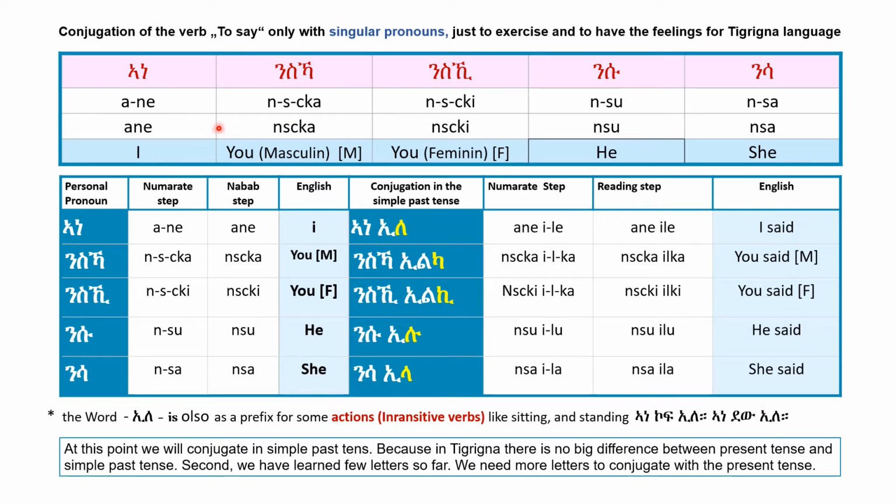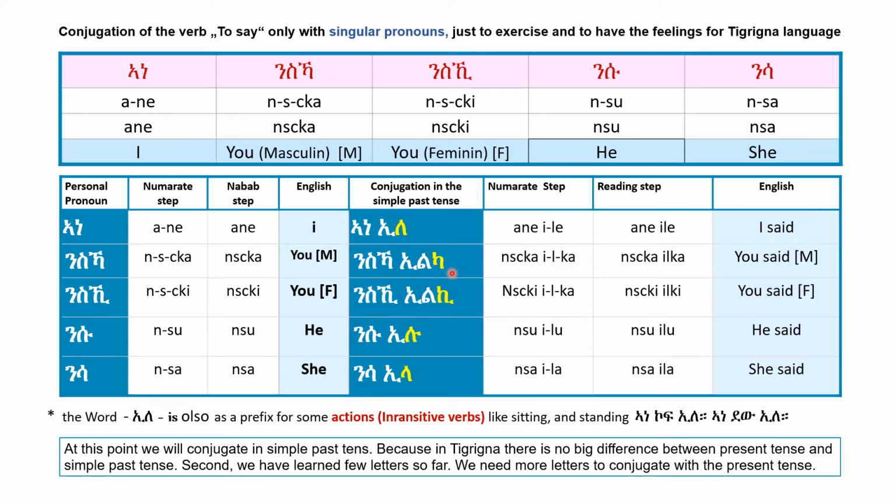Let us conjugate the verb to say, just to have a feel for the Tigrinya language. Ane, ile.